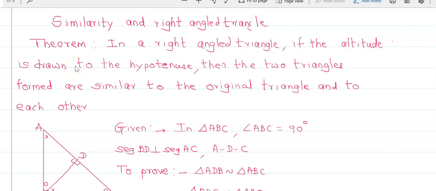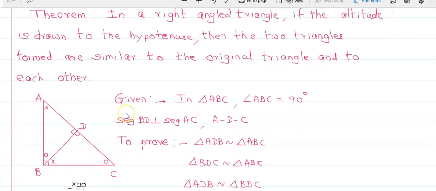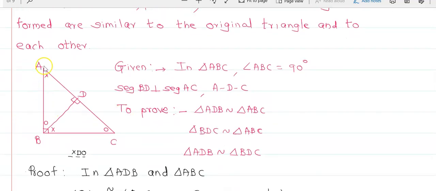I will show whatever I had written on the board. Theorem: in a right angle triangle, if the altitude is drawn to the hypotenuse, then the two triangles formed are similar to the original triangle and to each other. In triangle ABC, the measure of angle B is 90, and BD is perpendicular to AC.